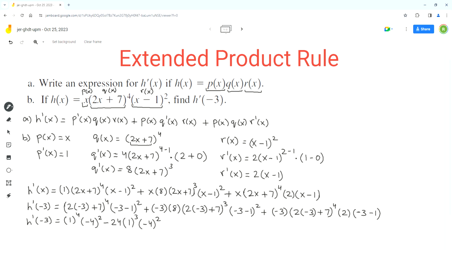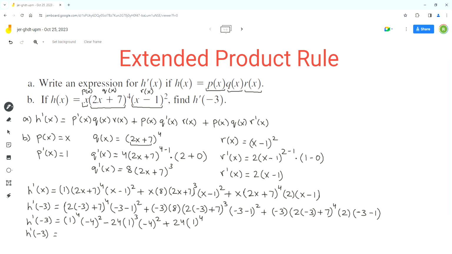So we get plus 24, and then in the parentheses we get 2 times negative 3, which is negative 6, and negative 6 plus 7 is 1, exponent 4. Now we can simplify it further. So h prime at negative 3 equals, so 1 exponent 4 is just 1, and multiplication by 1 won't change anything.